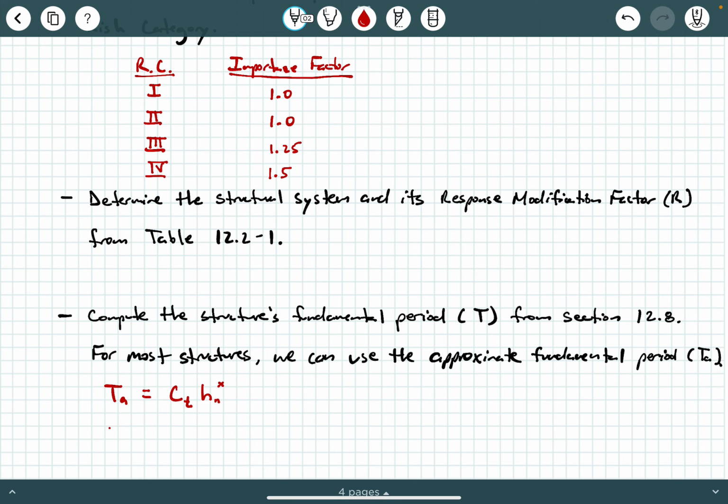Now, H sub N is the structural height. So that's going to be from the ground level to the top of the structural system, okay? Ground level to the top of the structural system. C sub T and X are values determined from table 12.8-2.